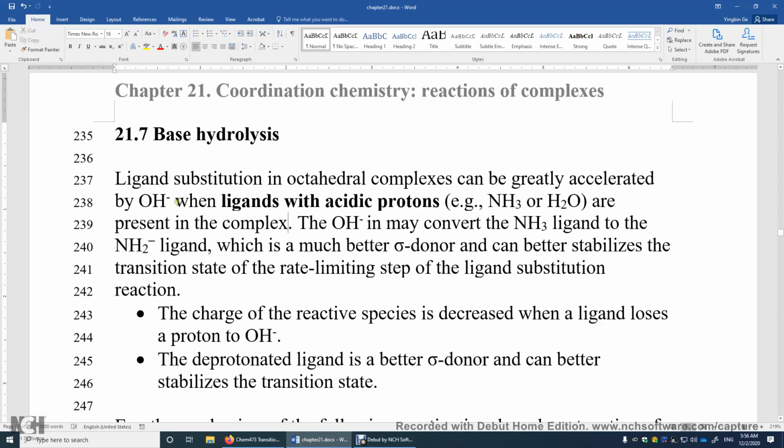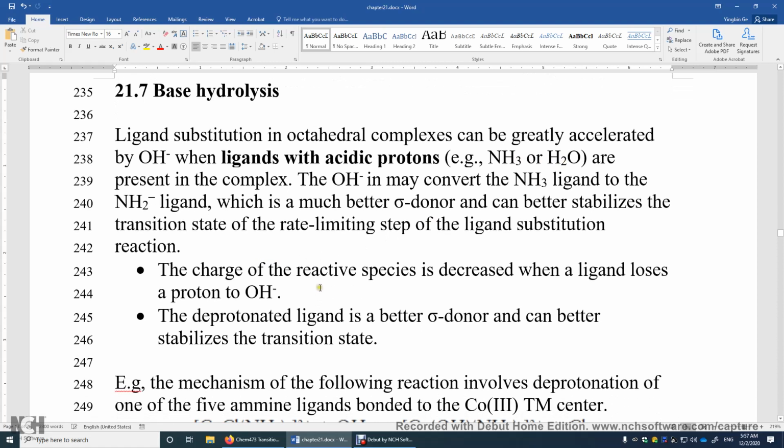When the hydroxide in solution converts an ammonia ligand or water ligand to NH2- or OH-, the charge of the complex is decreased by 1.